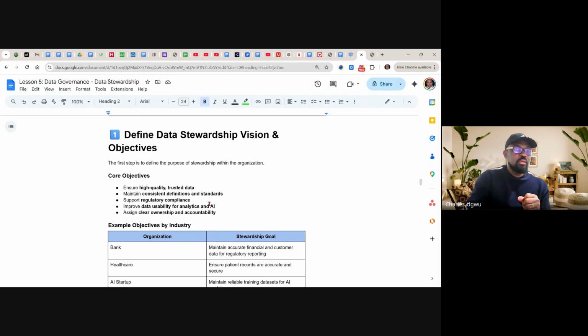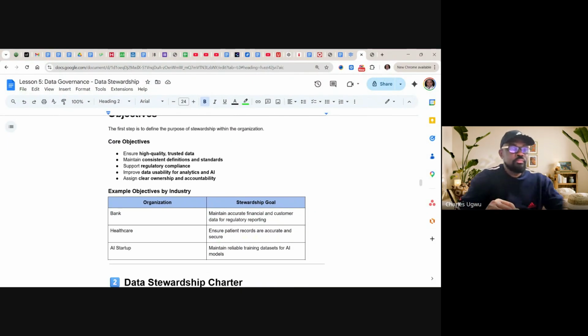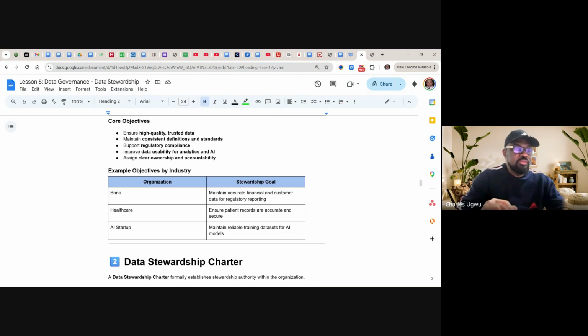The core objective here is to ensure high quality trusted data, maintain consistent definition and standard, support regulatory compliance, improve data usability for analytics and AI, and assign clear ownership and accountability. Example of objectives by industry.